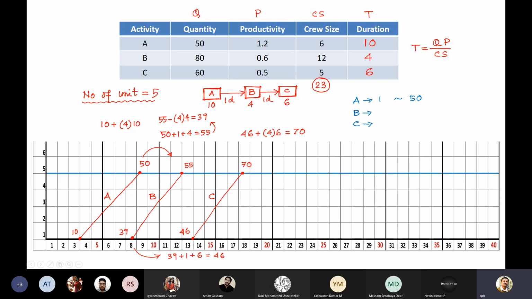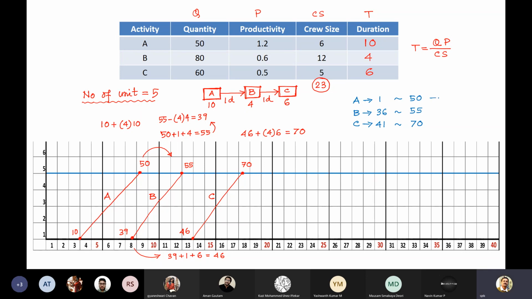B is starting from 39 minus 3, sorry, 36, to 55. And C is 46 minus 5 is 41 to 70. So this is the duration.